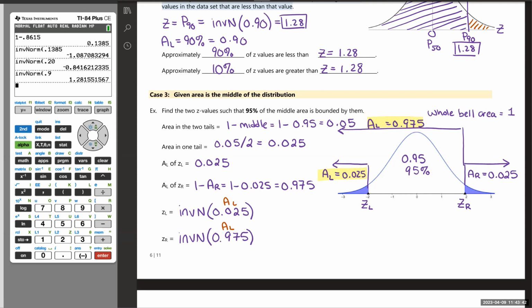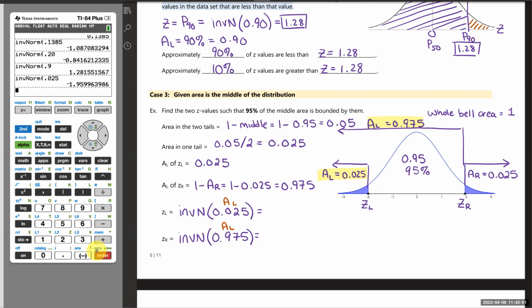Let's go ahead and type these in. Let me do the first one. If I inverse norm 0.025, that's negative, and I'll round to 2 decimal places. We saw this number earlier in the notes, negative 1.96. So almost negative 2. From center, it's almost 2 standard deviations away.